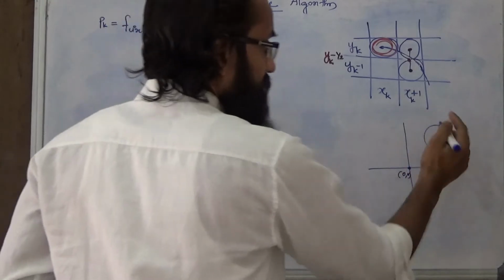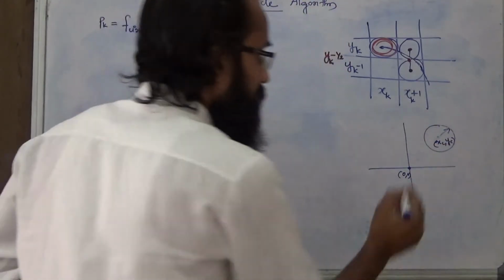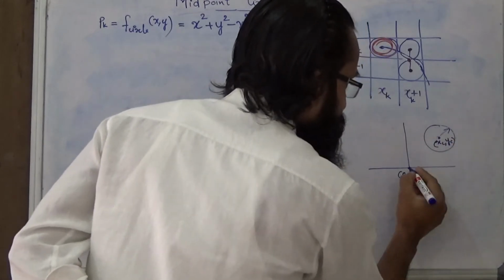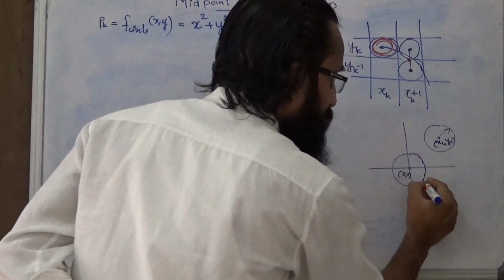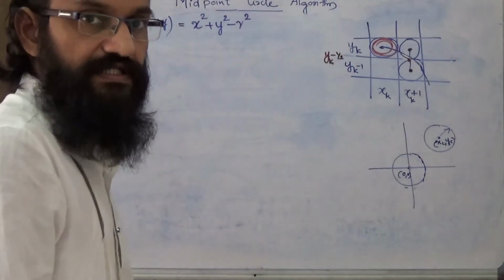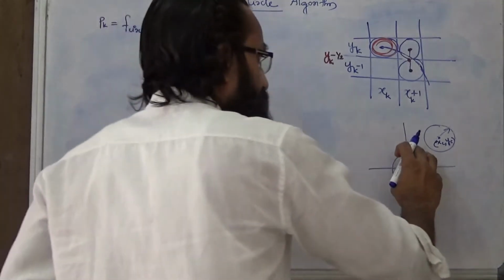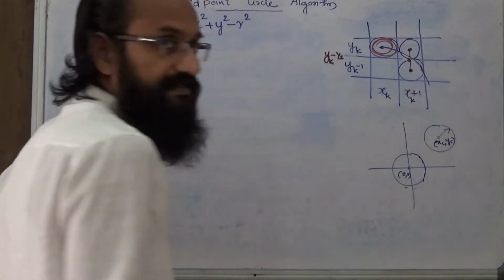Rather than determining points on the circumference of the circle centered at xc, yc, it is better to compute points on the circle centered at the origin 0, 0 and translate these points to the circle centered at xc, yc.